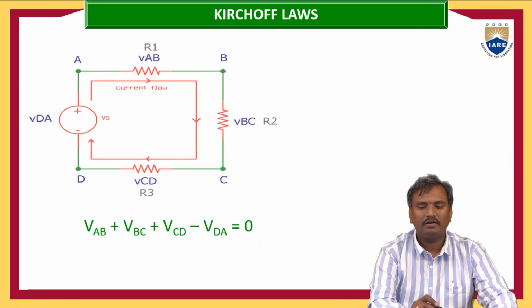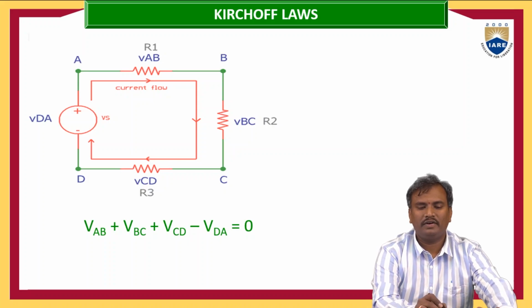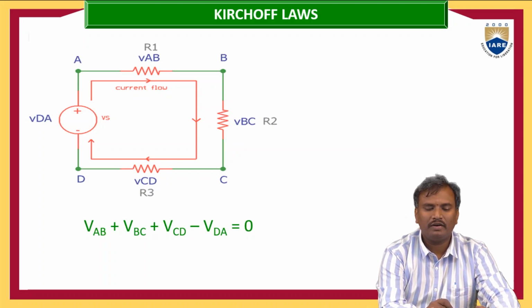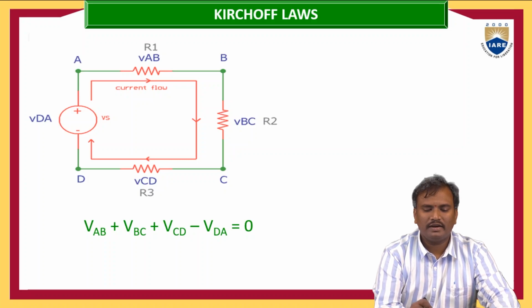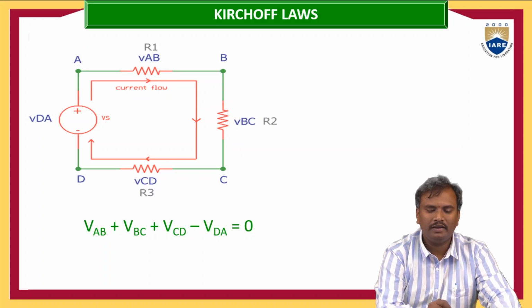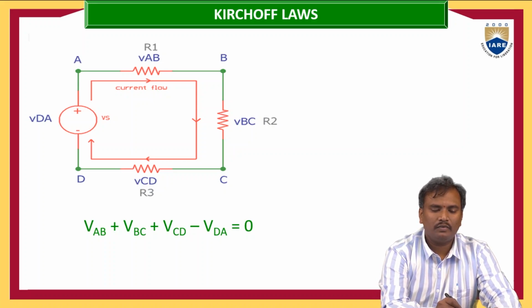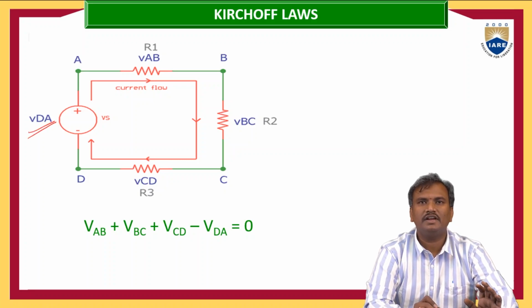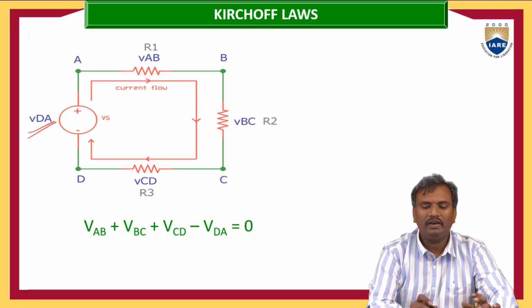And this is the way we can take for one circuit which is having one voltage source and 3 resistors connected, R1, R2, R3. And these are the nodes which we are taking, A, B, C, D. And this is the voltage which we are having, VDA, this is the voltage source we are giving.